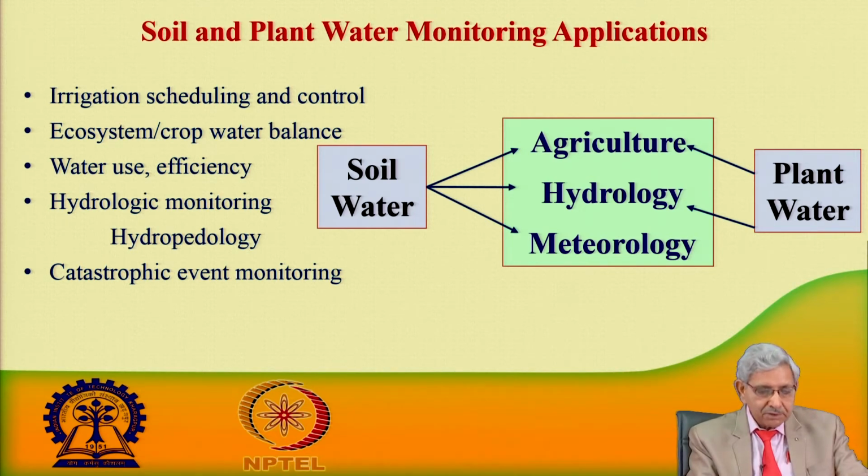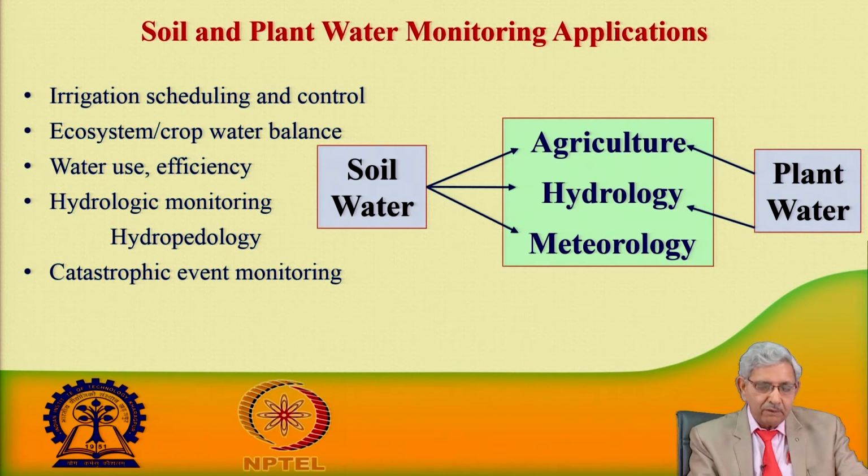It also has application in ecosystem and crop water balance, and when we are interested to know the efficiency of an irrigation system, there also soil and plant water monitoring is important.